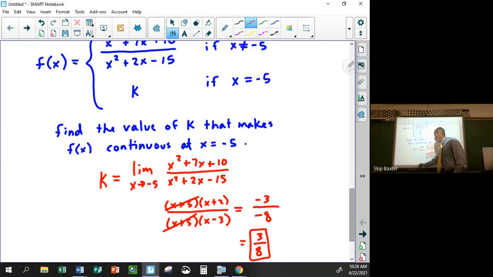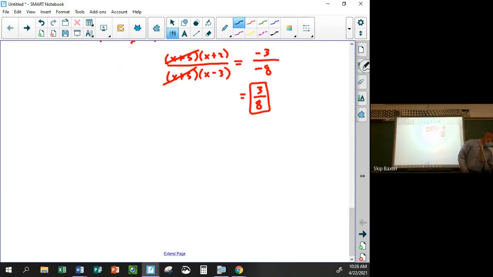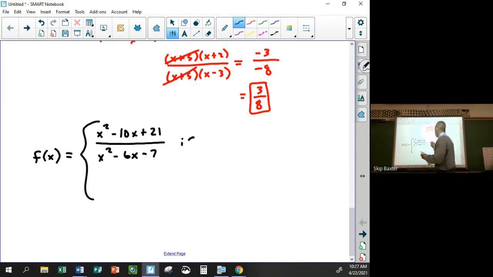Okay, let's do one more like this. How about something like f of x equals x squared minus 10x plus 21 over x squared minus 6x minus 7, if x does not equal 7, k if x equals 7.